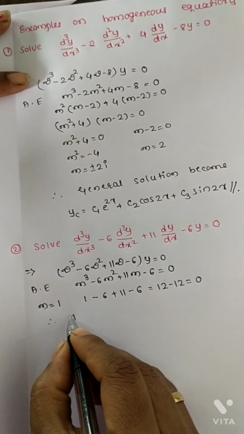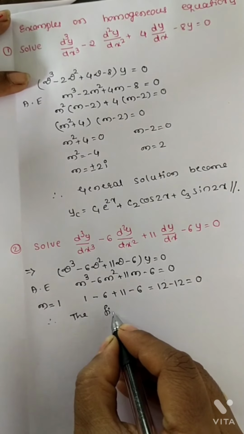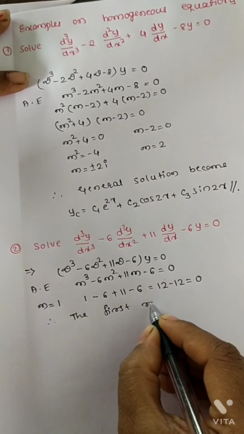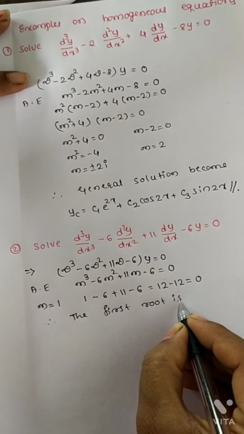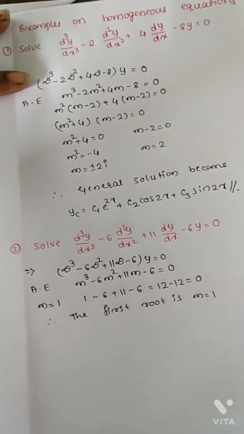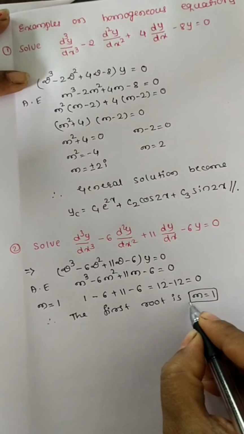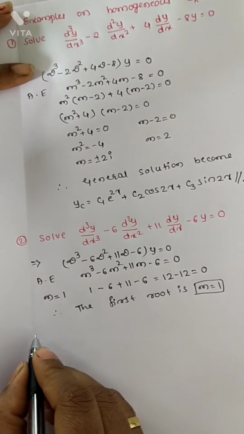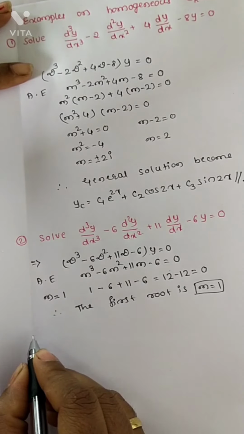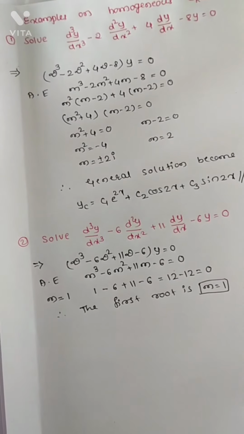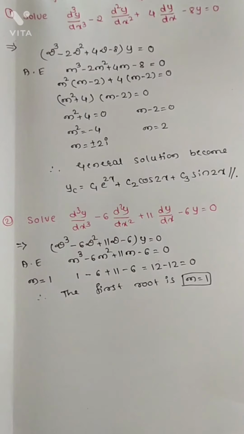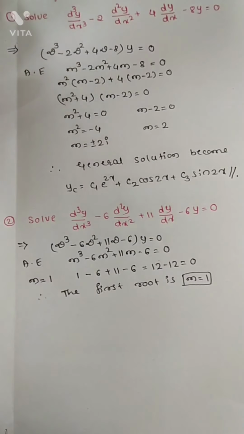Therefore, the first root is m is equal to 1. Now we got the first root.